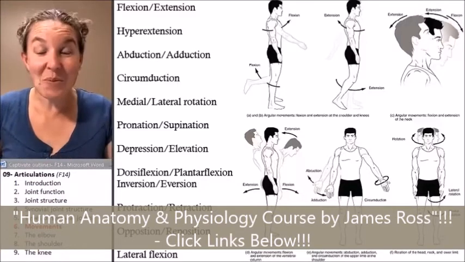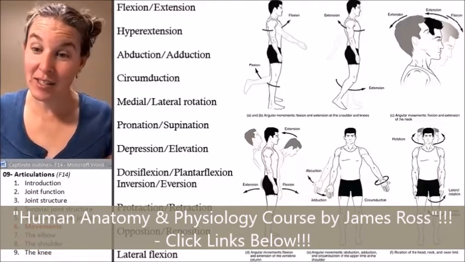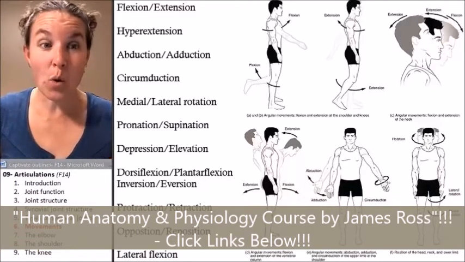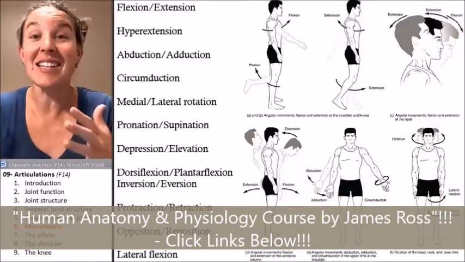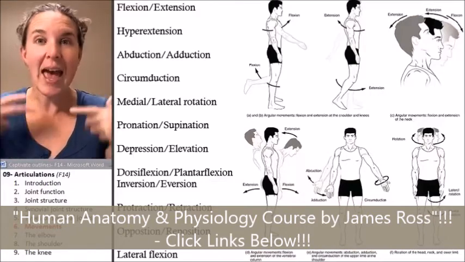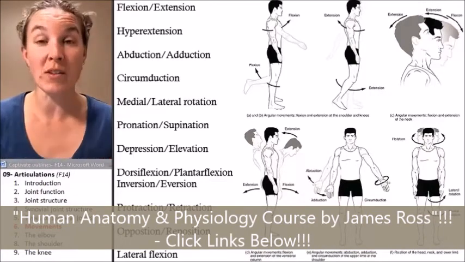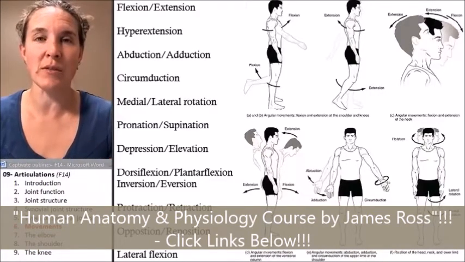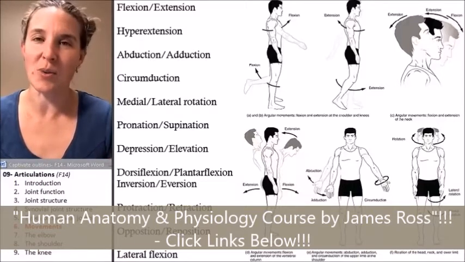And then when we get to muscles in just two days, we're going to be able to easily look at the muscle, imagine it shortening, and describe the movement that's going to happen as a result of the muscle action at that joint.